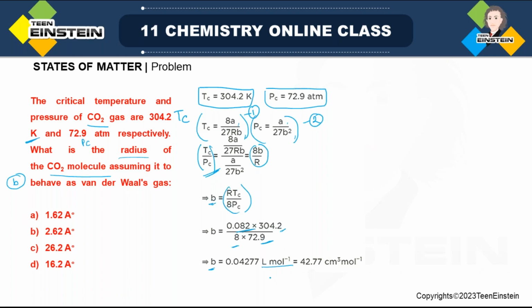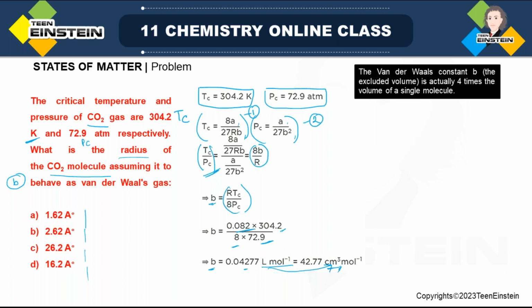Liter means it is dm cube. But if you change to cm cube, it will be multiplied by 1000. So now it is 42.77. So from liter we have changed it to centimeter cube, because the final radius you have to reach in angstrom.